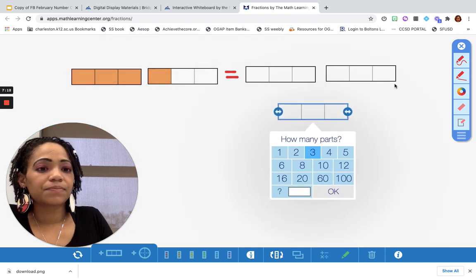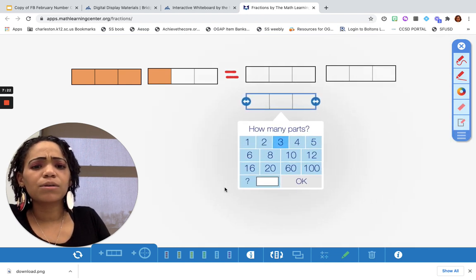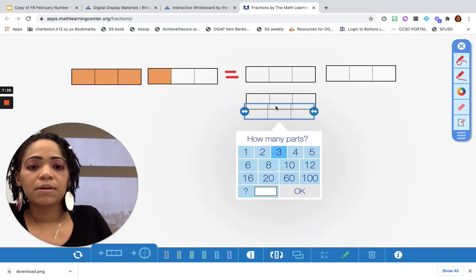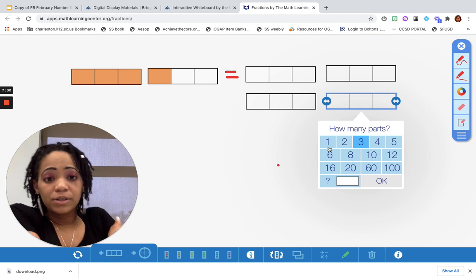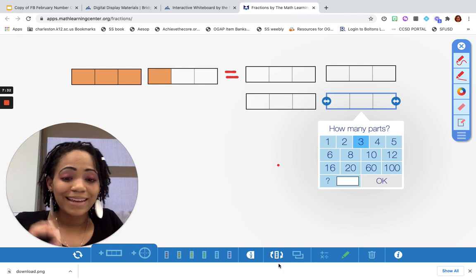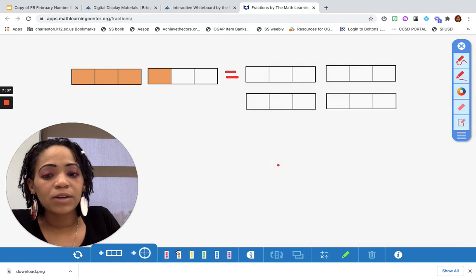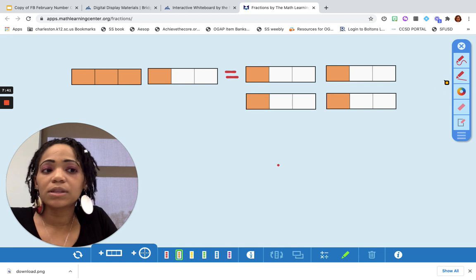And I'm going to kind of stack mine just because I don't have a whole lot of space, but that's okay. All right, so if I want to shade 4/3, and I'm talking about writing an expression, then here's what I can do. I know 4/3 is the same thing as 1/3 plus 1/3 plus 1/3 plus 1/3.